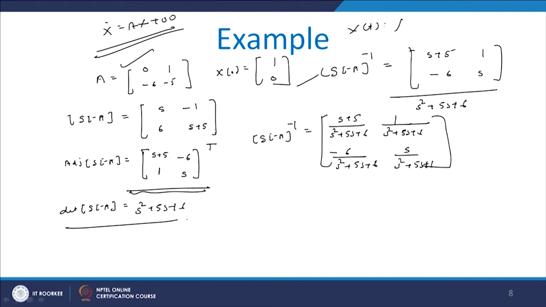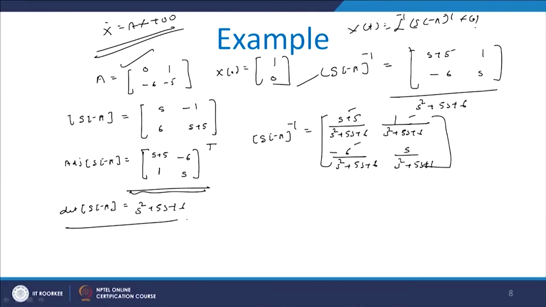But our problem is basically we want x of t equals Laplace inverse of SI minus A inverse into x naught. That means we want the final equation in time domain. Therefore, although we have got SI minus A inverse, that is not sufficient; we want to determine x of t. So, in order to do it, we have to determine its inverse Laplace.